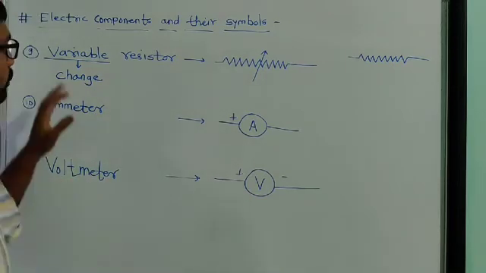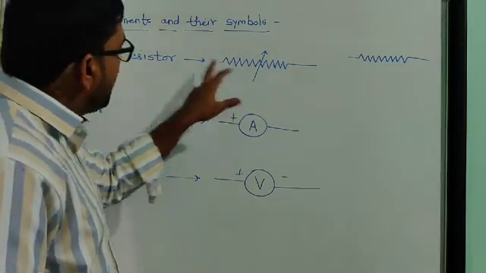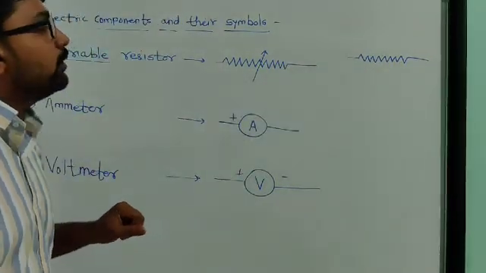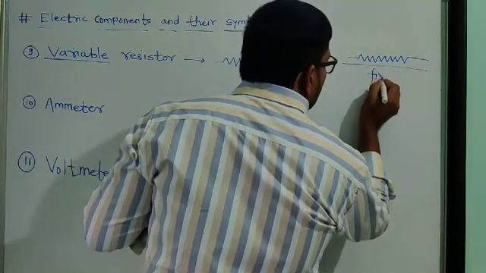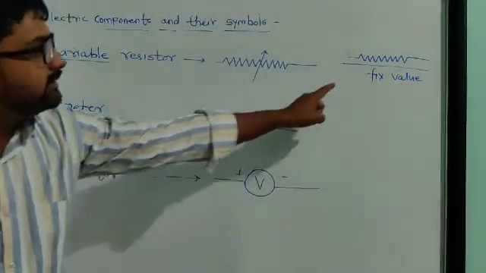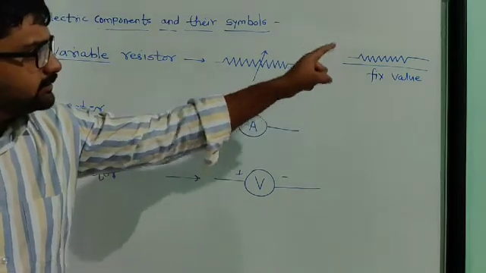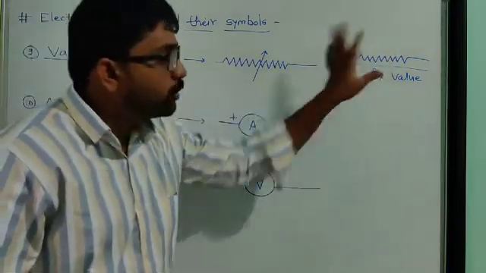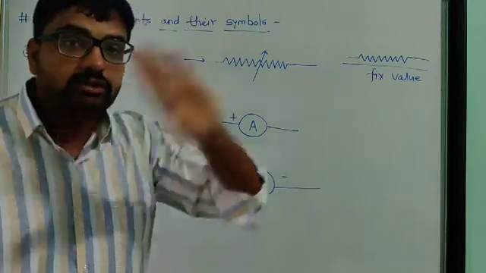So what is actually the difference between this variable resistor and an ordinary resistor? Such a resistor has a fixed value. If you connect this resistor to the circuit, it provides a fixed value of resistance, which cannot be changed.